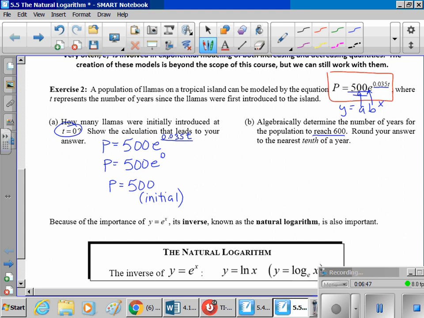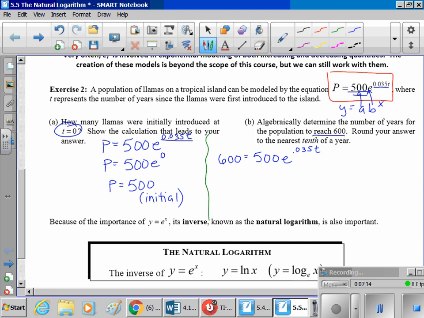So what we're doing there is 600 now becomes my population. And we're going to use the same formula, 500 e to the 0.035 t. Now, there's not a lot of room here, so my apologies. You might want to watch this first and then try to write it down.